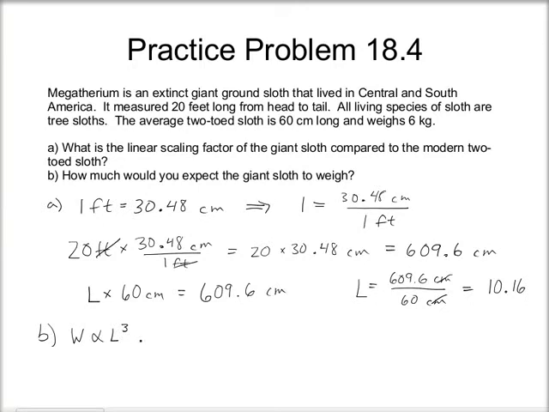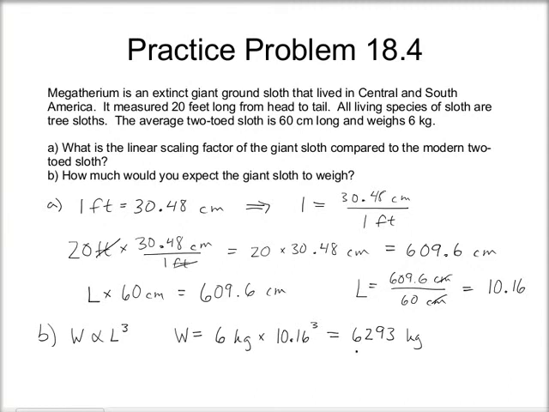And we know what L is, and we know what the weight of the two-toed sloth is, so we'd expect the weight of the giant sloth to be the weight of the two-toed sloth, 6 kilograms, times L cubed, which is 10.16 cubed. And if I put that into my calculator, that's going to give me, and here I'm rounding, 6,293 kilograms.